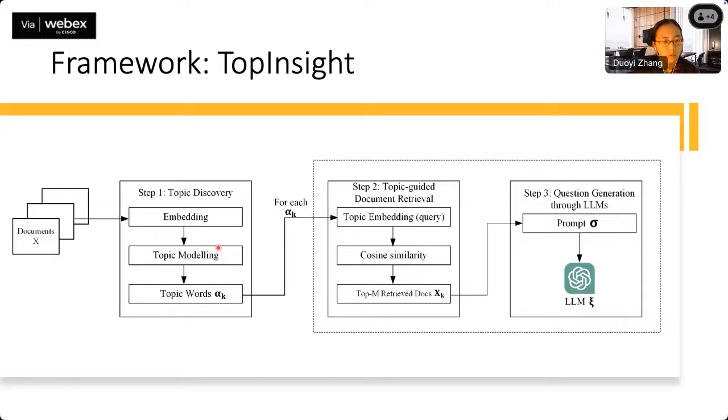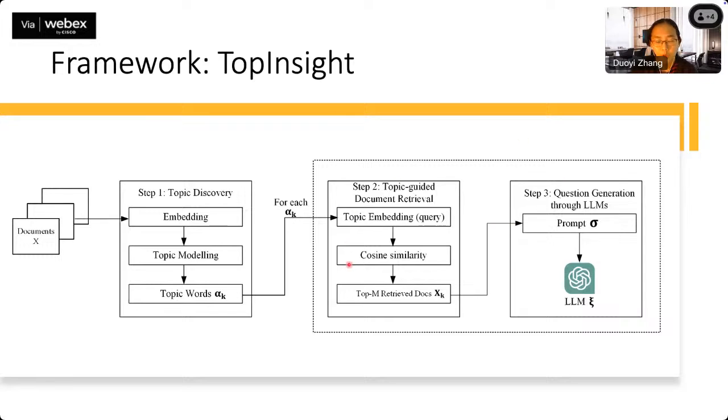Using this model, it can generate some topic words, which could be represented like this, alpha_k. k represents one topic, and we have a total of uppercase K topics. And given this alpha_k, for each topic, we are going to conduct the topic-guided document retrieval and also the question generation. Those steps are done for each topic generated.